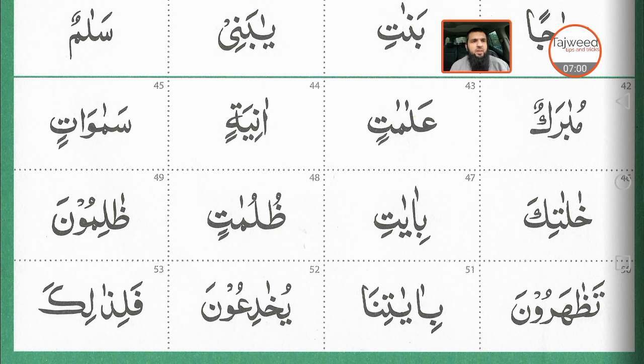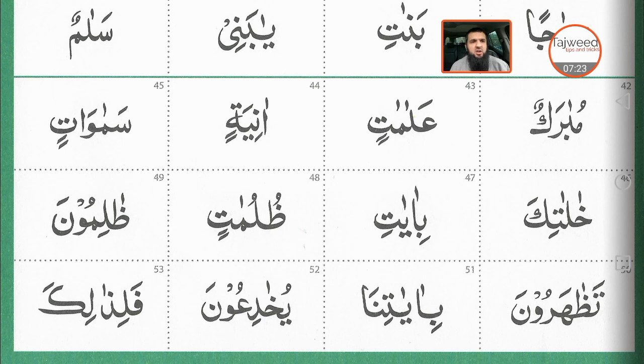I'll break this one down a little bit, this box 50. You've got a ta, a va, a ha, ra, waw, and a noon. Ta has a fathah, so it's ta. A va has a standing fathah, so it's va, just like you say the letter va. So ta va. Ha has a fathah, so it's ha.